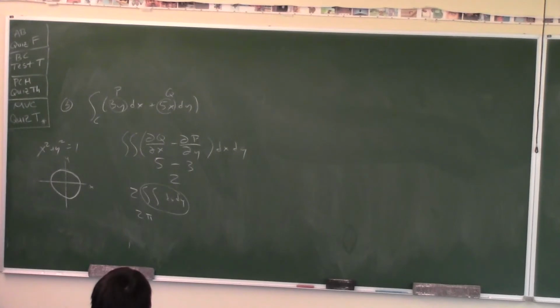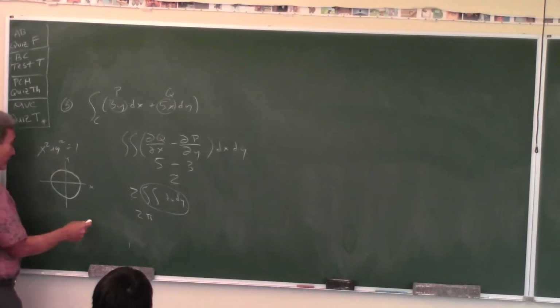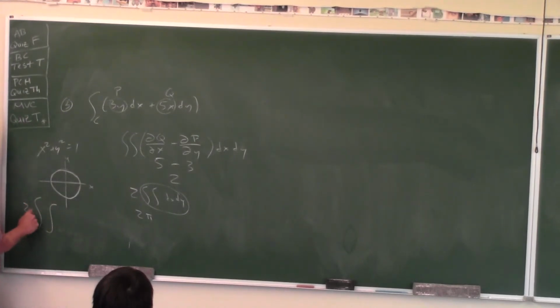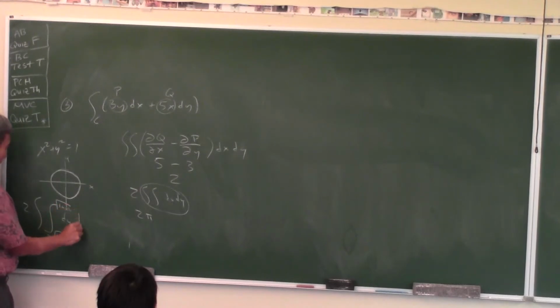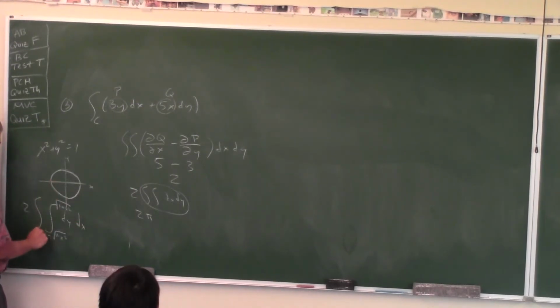Is there any way to do it without realizing that? Because I tried to do it without realizing that initially. Yeah, then you would have to integrate with respect to y first, which goes from negative root 1 minus x squared to root 1 minus x squared. Then you integrate with respect to x, from negative 1 to 1.